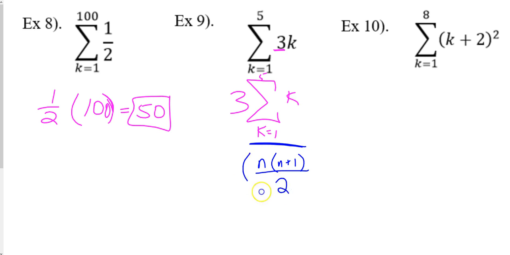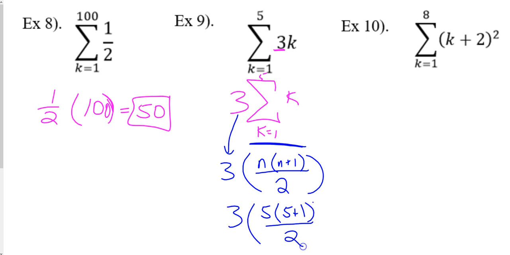And then we're going to take that answer times 3 because of that 3 out in front. So I'm going to take 3 times, my n is 5, so 5 times 5 plus 1 over 2. So I need to take 3 times 5 times 6 divided by 2, which is 9 times 5, which is 45.